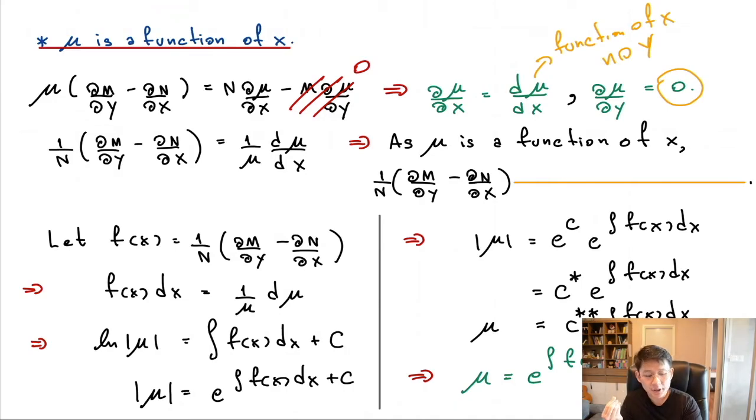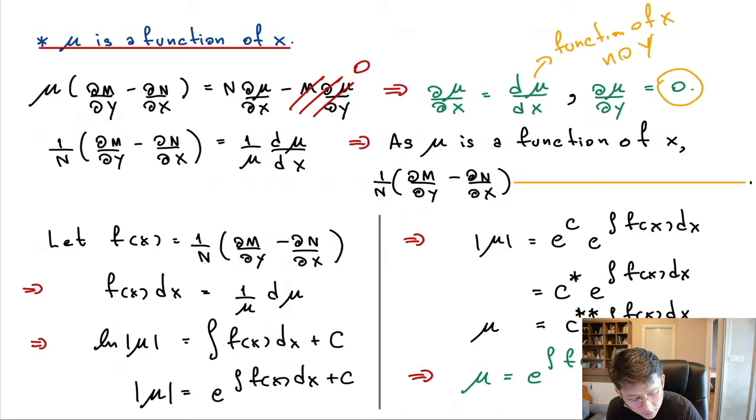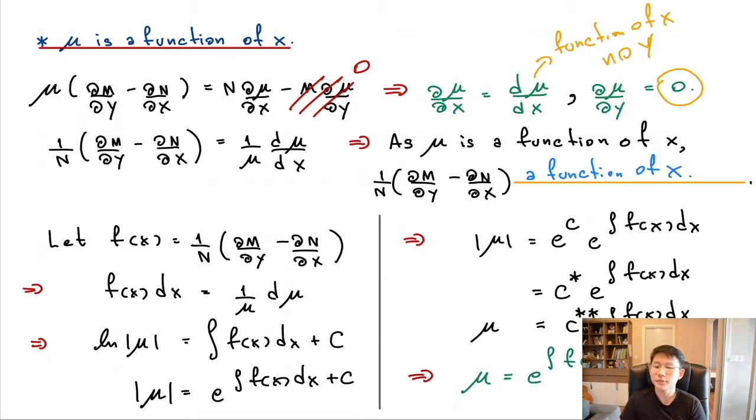And as mu is a function of x, this guy is a function of x as well. Makes sense?